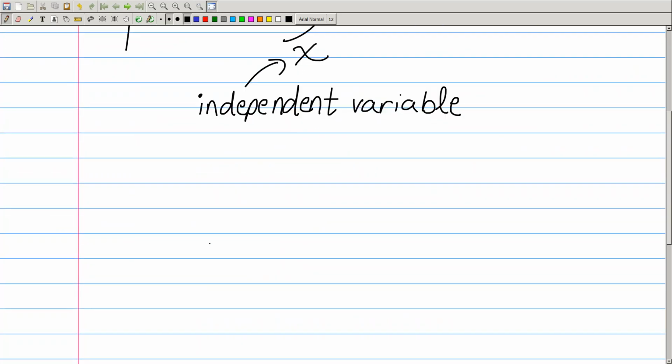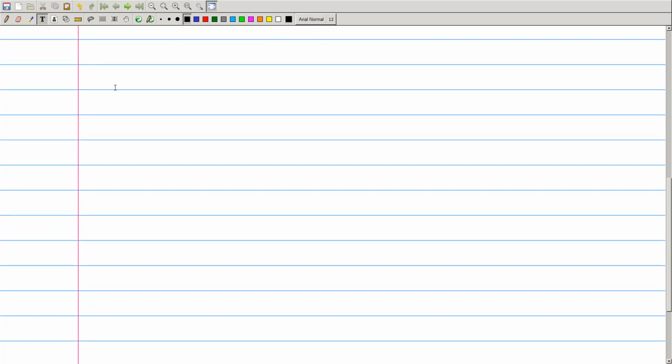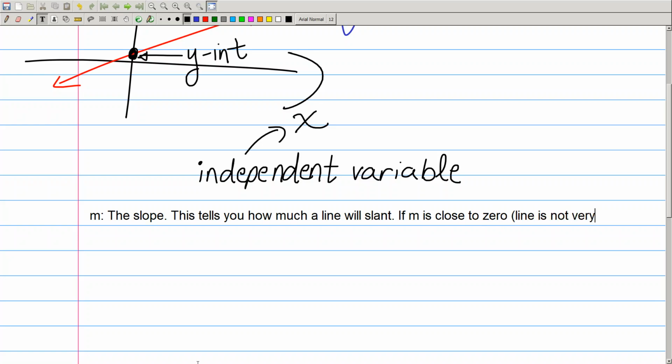So let me write this down. I'll type it out. Make sure you're taking notes. So m is the slope. This tells you how much a line will slant. If m is close to 0, the line is not very steep.